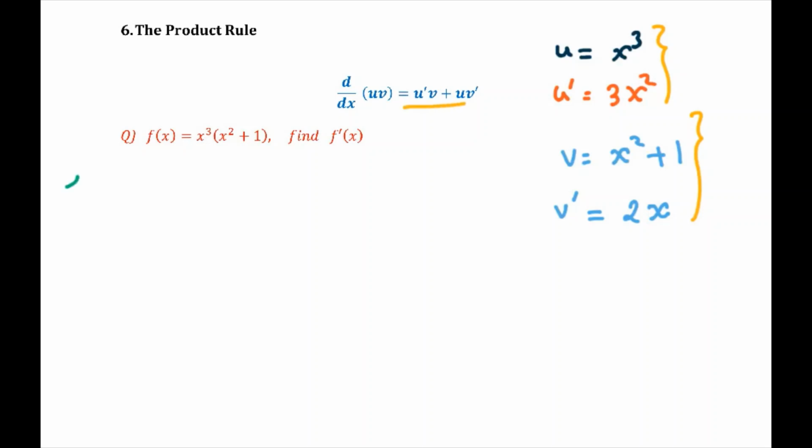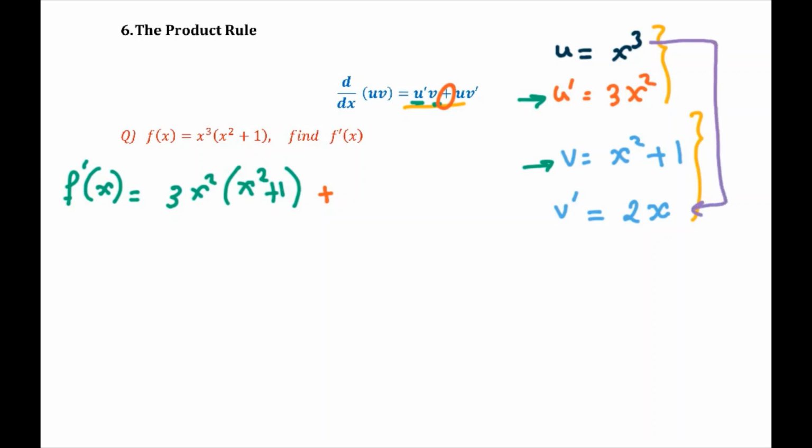So the derivative: u' times v. So we're starting with u' times v, so 3x squared multiplied by x squared plus 1, plus u v'. So we're going to go here and say u multiplied by v', so x cubed multiplied by 2x.